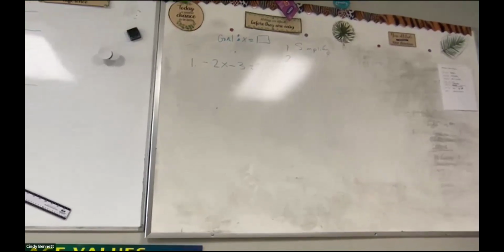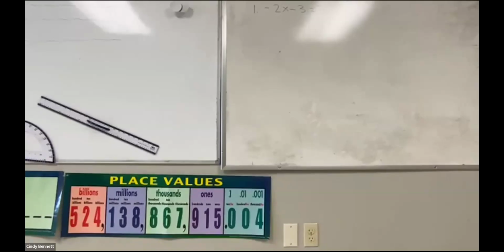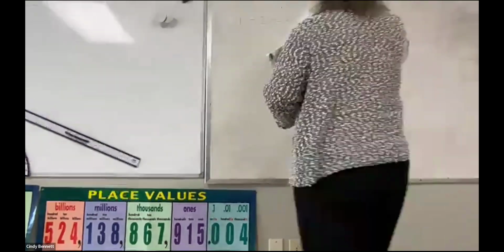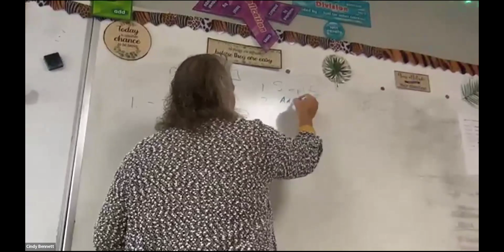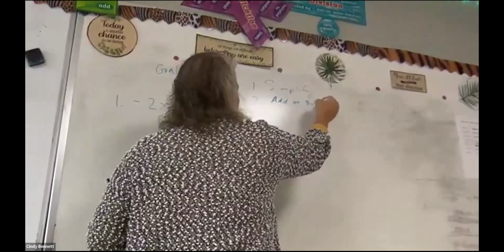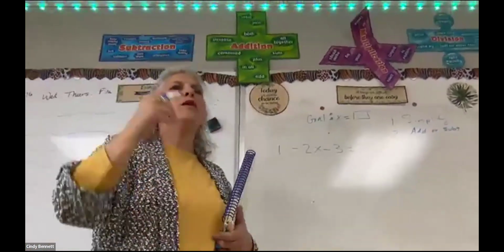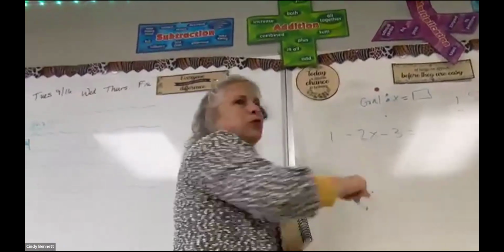Yes, it does say isolate the variable, but it says subtract 3 from both sides. This one says subtract, and that one says subtract 2. So what I said when I was explaining it is add or subtract. I'm going to shorten it. Yes, you're isolating the variable. The first thing you're going to do is add or subtract. You don't want to go right to multiplying.